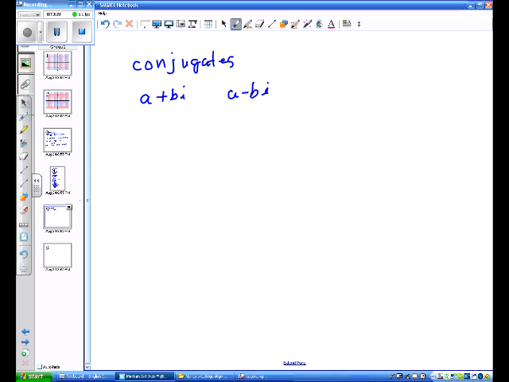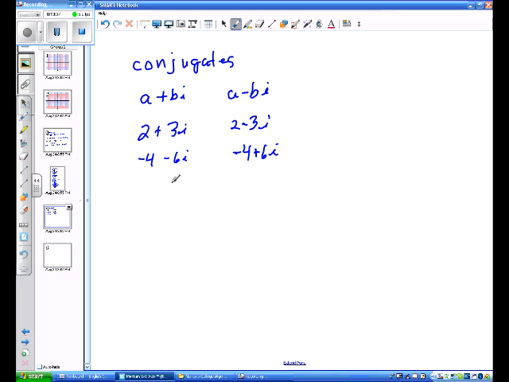Not the real term, but the imaginary term. And so the conjugate of a plus bi would be a minus bi. The conjugate of 2 plus 3i would be 2 minus 3i. The conjugate of negative 4 minus 6i would be negative 4 plus 6i.